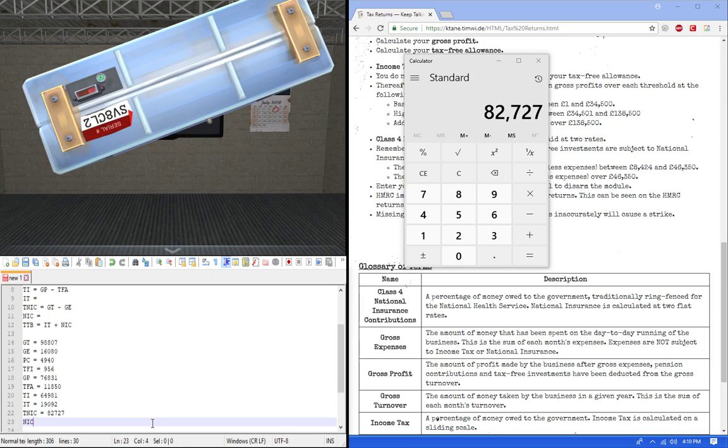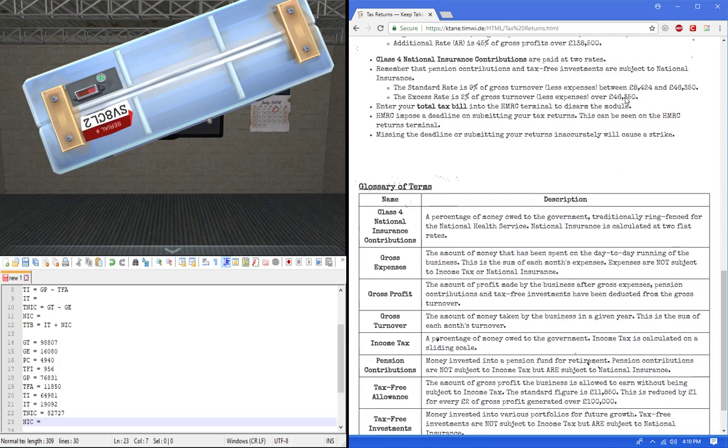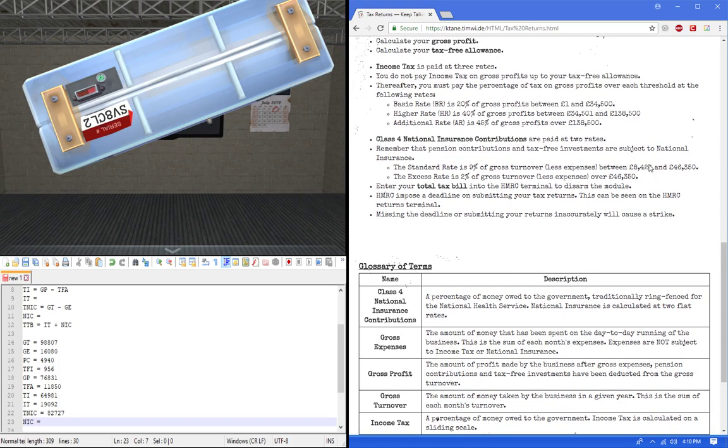Next, to calculate our NIC, between the values of 8,424 and 46,350, we're going to tax that at 9% of the gross turnover less expenses. And the rest is going to be times by 2%. So we're going to take our 8,424.